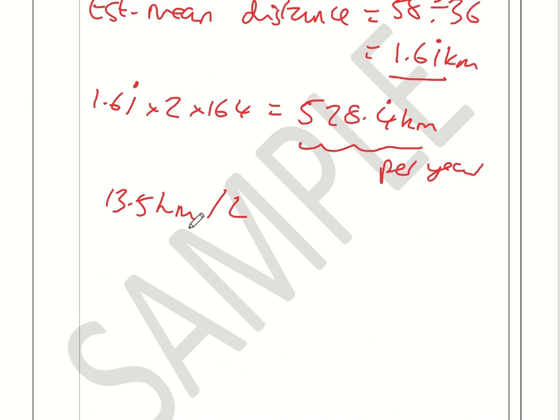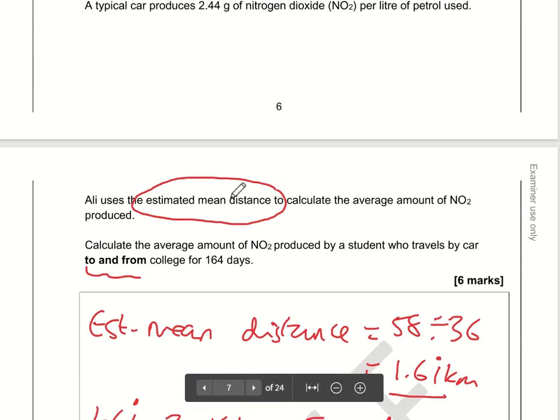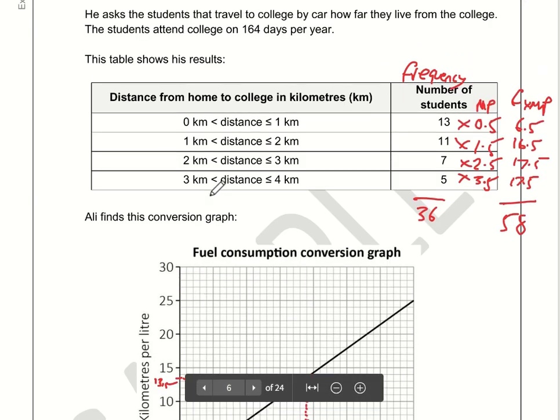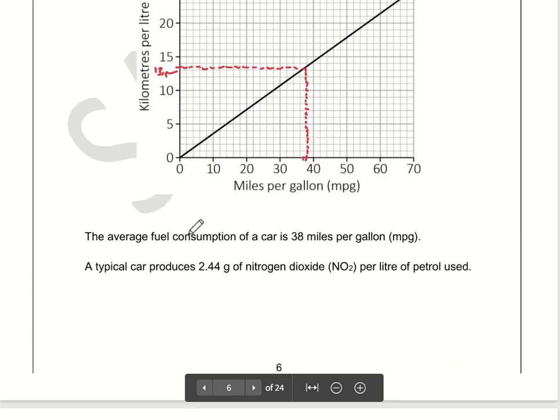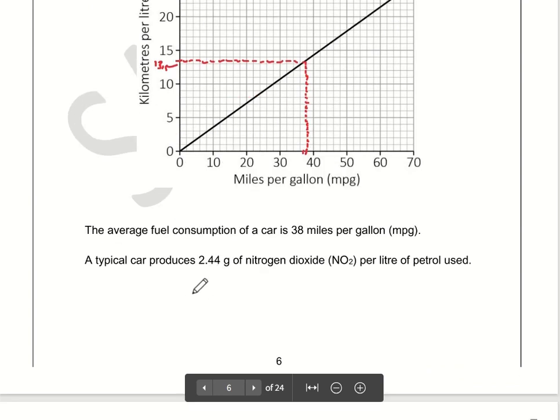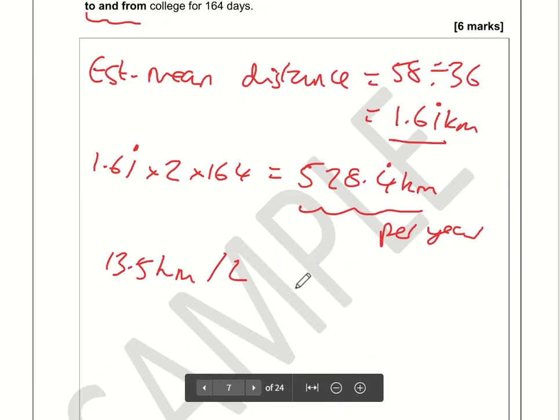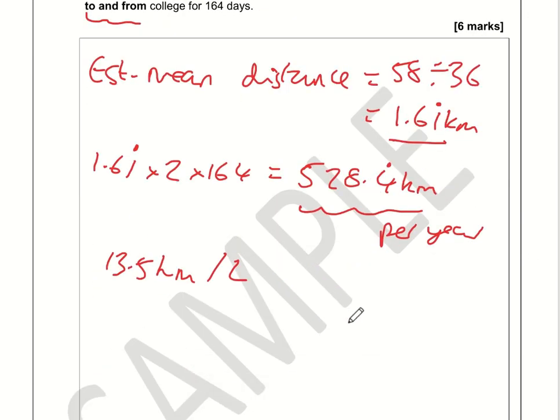Okay, so what do we do with this information, I hear you ask? So let's just have a look around. The only other thing we know is it's 2.44 grams of nitrogen dioxide per litre of petrol used. Okay, right, so we need to work out how many litres are used. So if it's 13.5 kilometres per litre, and a student does on average 528.4 recurring, how many litres is that?